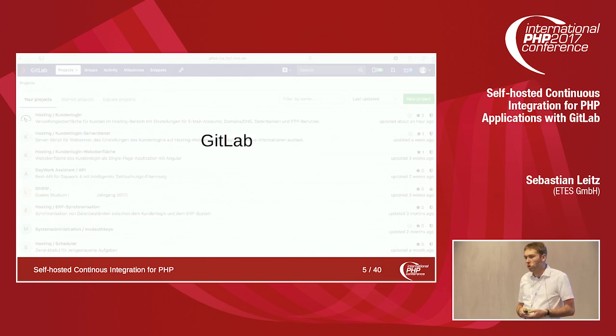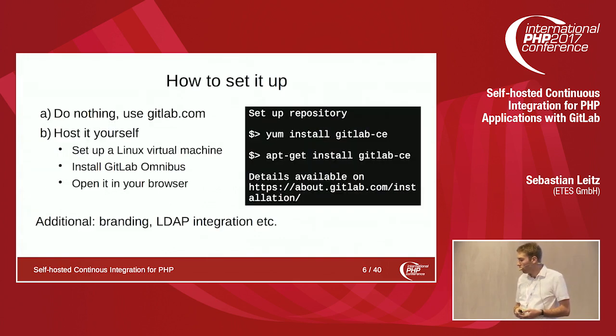To set it up, you can either choose the easy way. There's also a hosted version with paid plans and all the stuff, but the talk is about self-hosting things, so I guess we won't choose that. And then it's really easy. They have a bundled setup that includes everything. You'd only have to have a virtual machine where to run it, be it at your own local cluster or in some cloud.